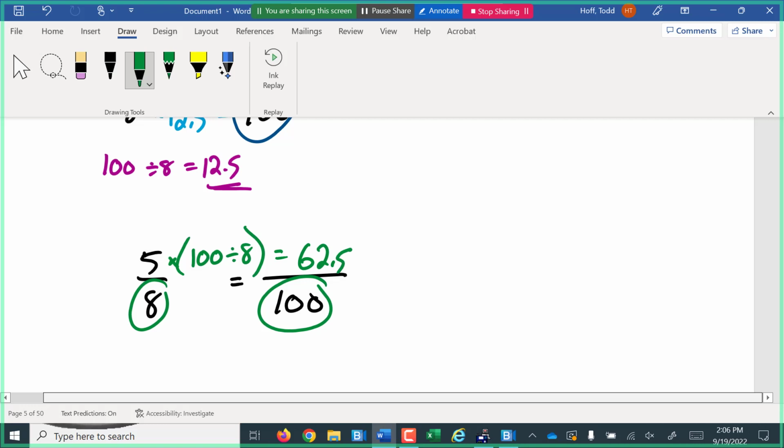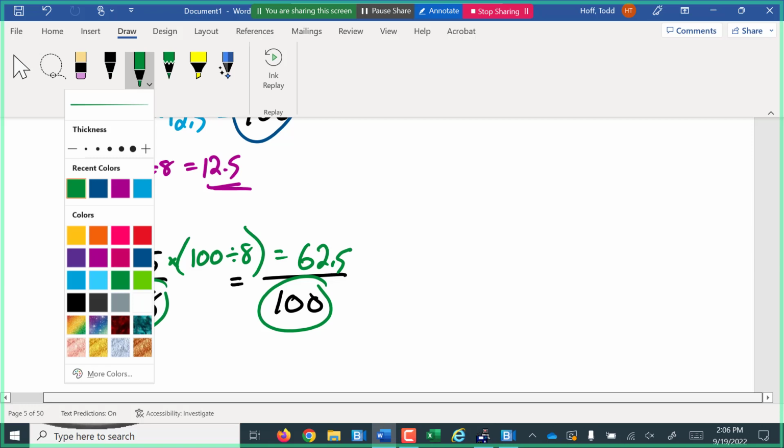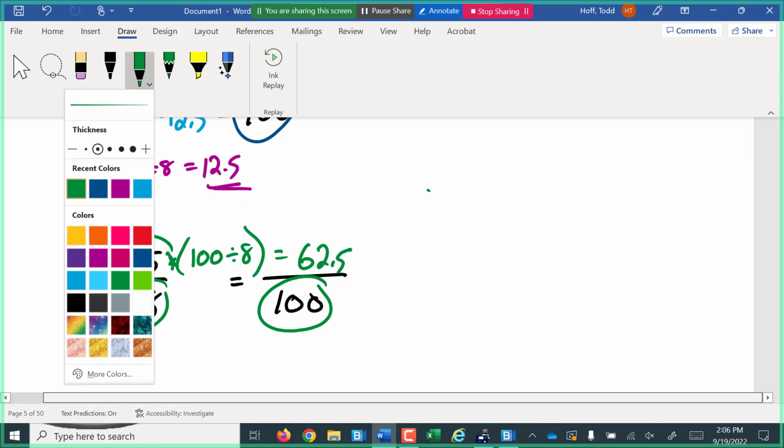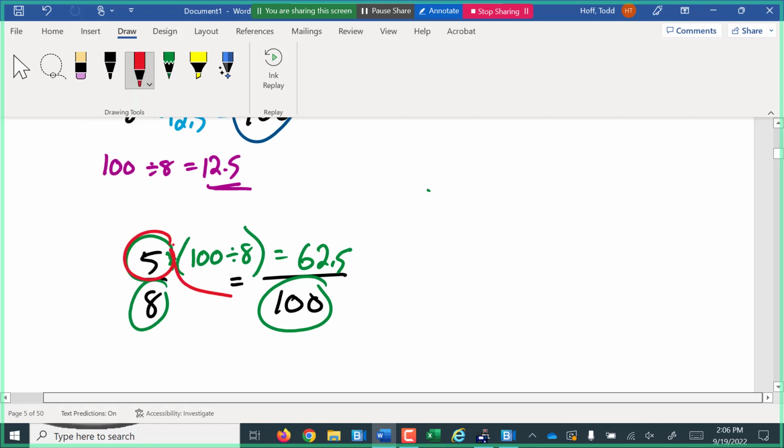And so this leads us to a shortcut if we look at where these numbers are located. The parentheses really don't affect anything here because of the order of operations. So what we're doing is taking the 5 times 100, and then dividing by the 8.